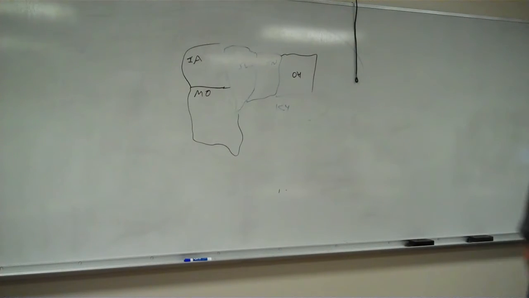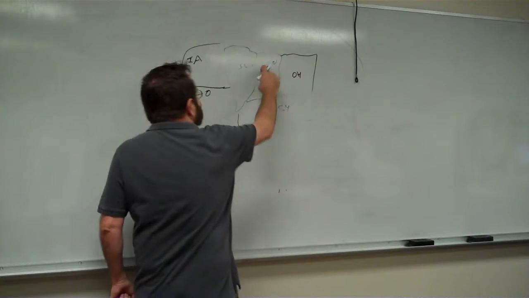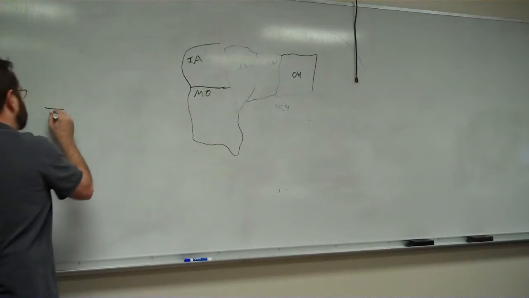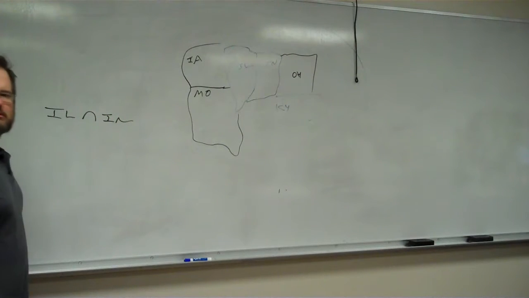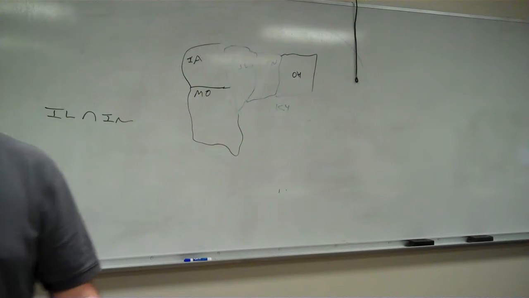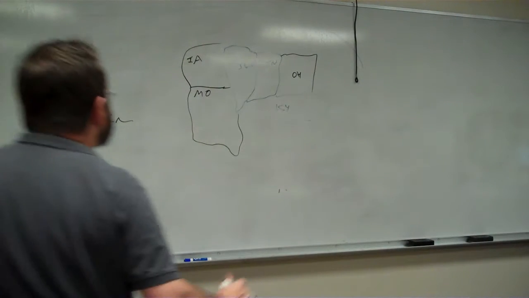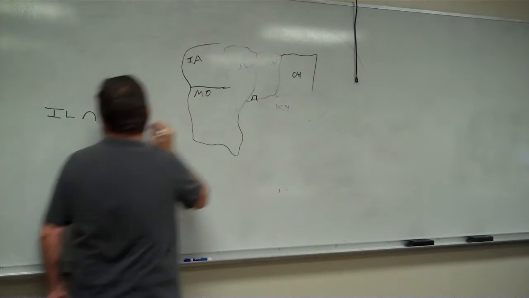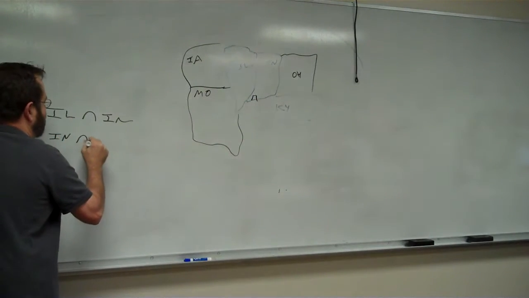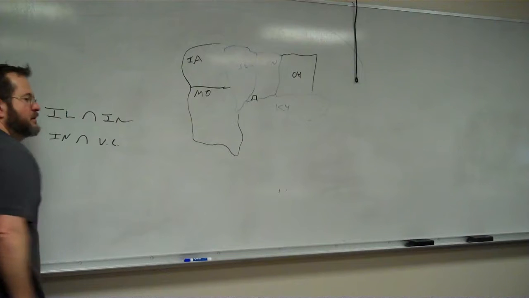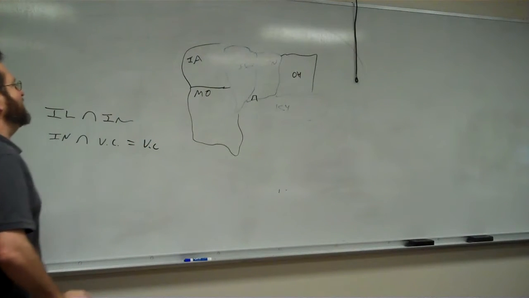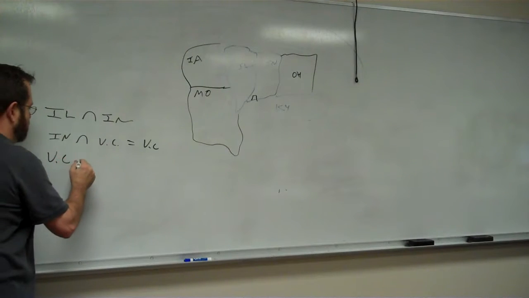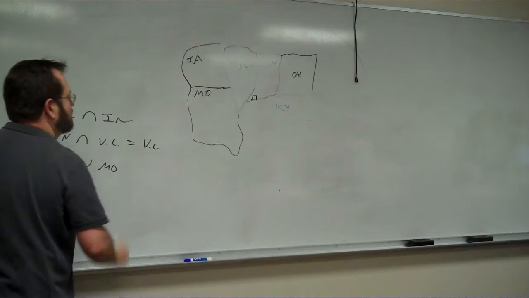But now we know, for example, what is Illinois and Indiana? Nothing. What land is in Illinois and in Indiana? None. What land is in Indiana and Vanderburgh County? Vanderburgh County. What land is in Vanderburgh County or Missouri?